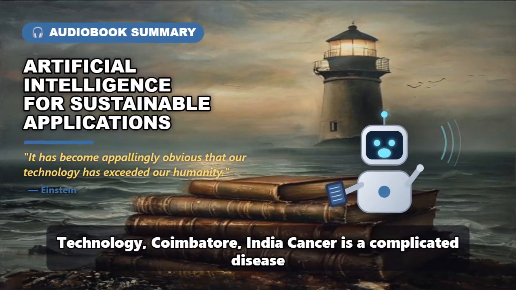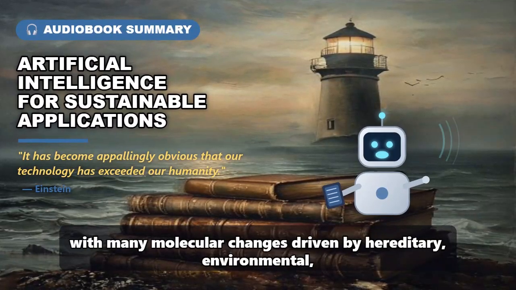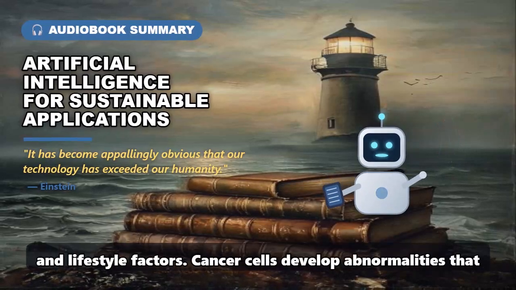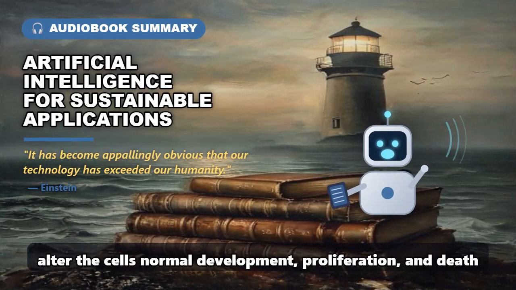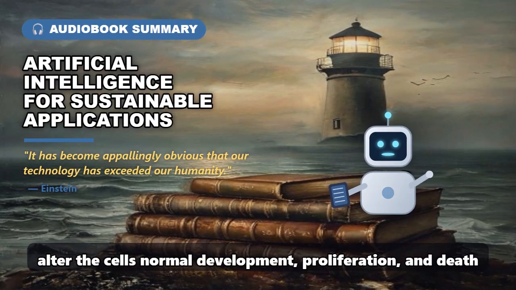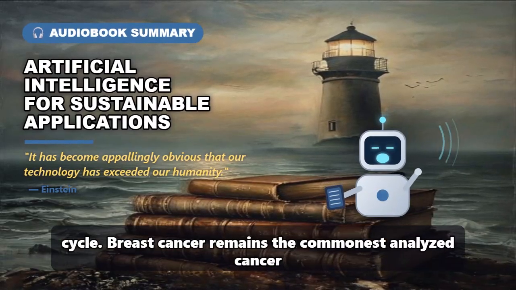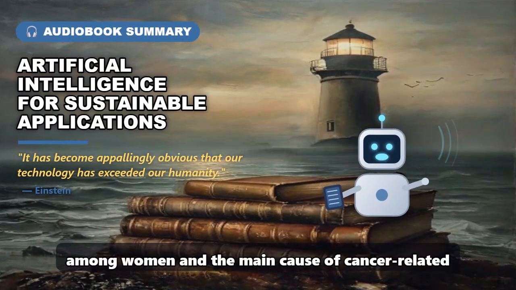Cancer is a complicated disease with many molecular changes driven by hereditary, environmental, and lifestyle factors. Cancer cells develop abnormalities that alter the cell's normal development, proliferation, and death cycle. Breast cancer remains the commonest diagnosed cancer among women and the main cause of cancer-related deaths.